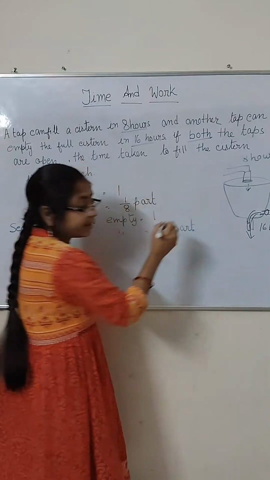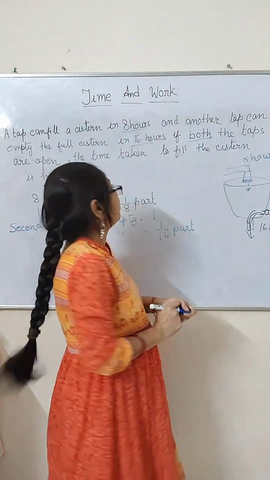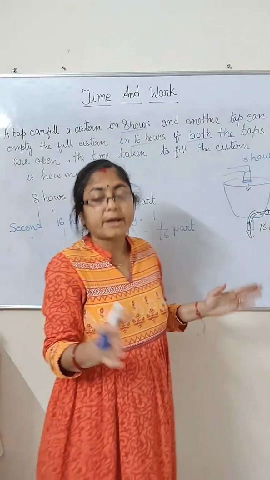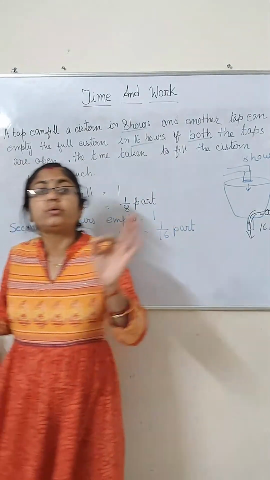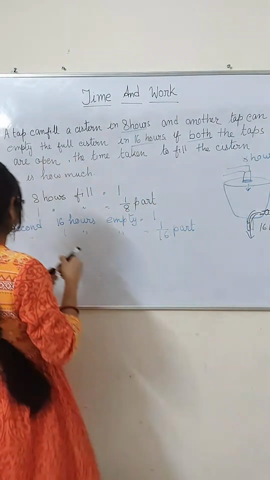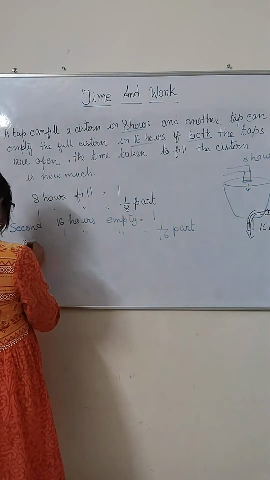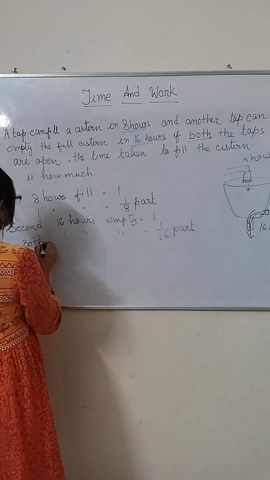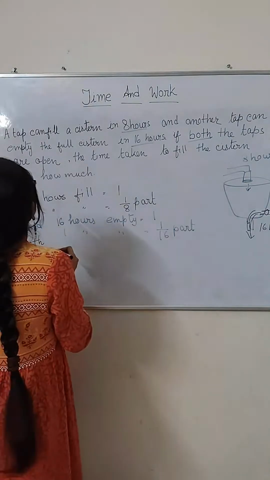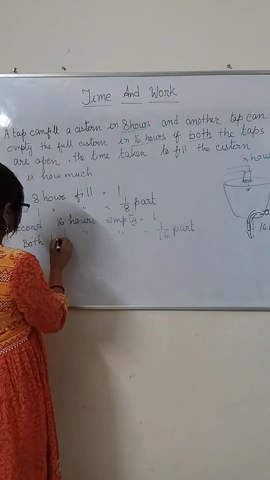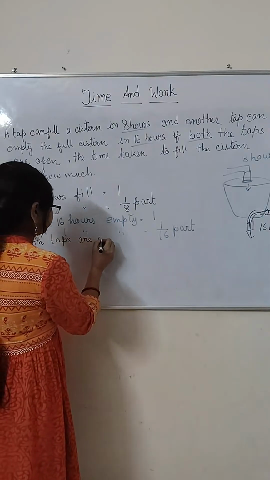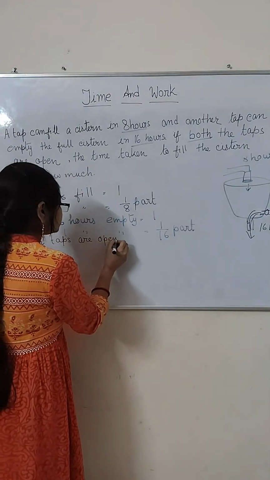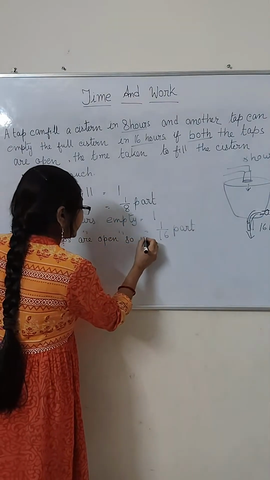What I am telling according to the question, both taps are open means both taps work jointly. So first you write this sentence: both taps are open, so they work.